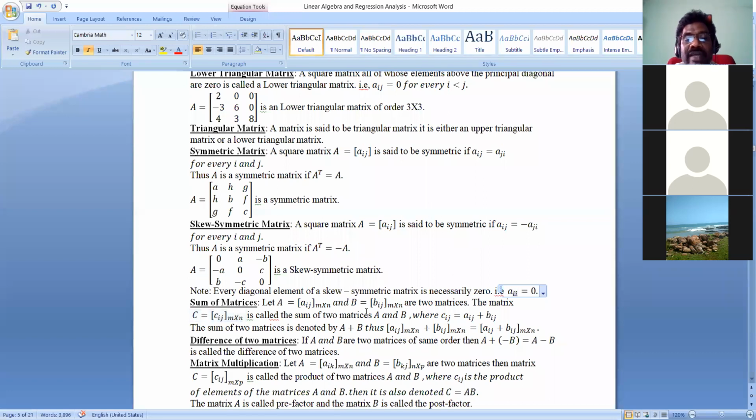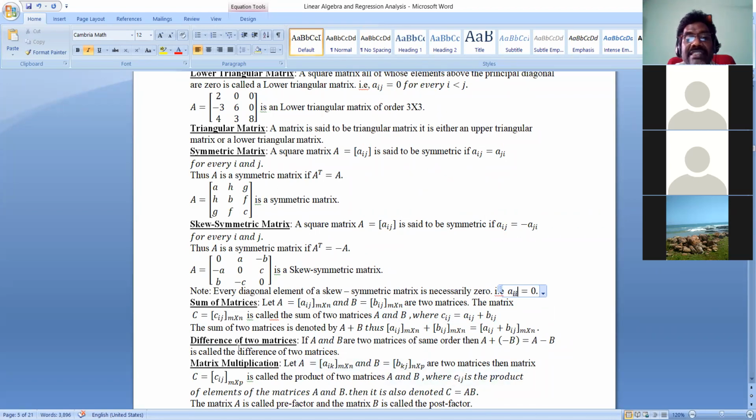The sum of two matrices exists only if the two matrices have the same order; the corresponding entries of both the matrices are summed, and we get the sum of the matrices. Suppose, for example, let A equal to Aij of m by n and B equal to Bij of m by n be two matrices.